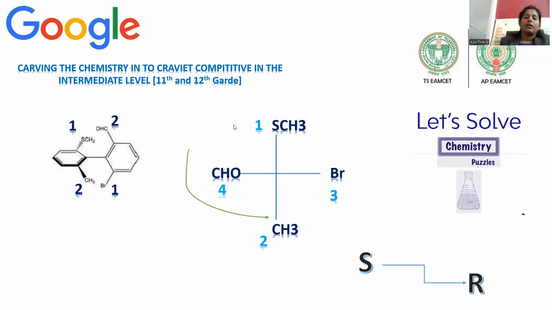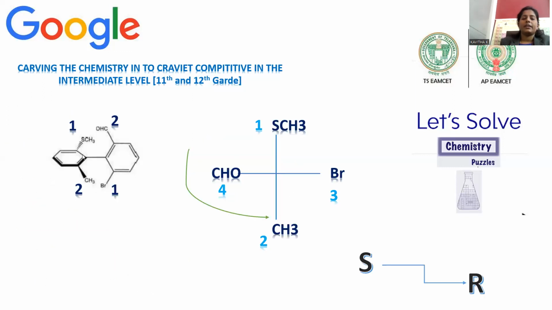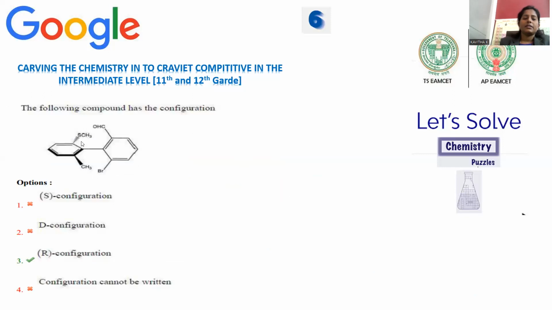So after getting the entire configuration, we need to invert this configuration, because the higher priority group is laying backside. In order to make it front side, the entire configuration will be inverted. S must be converted into R, because SCH3 is not front side. In the practical sense, it is backside. So let me mention our configuration. This is the way we can assign our absolute configuration for a biphenyl system.